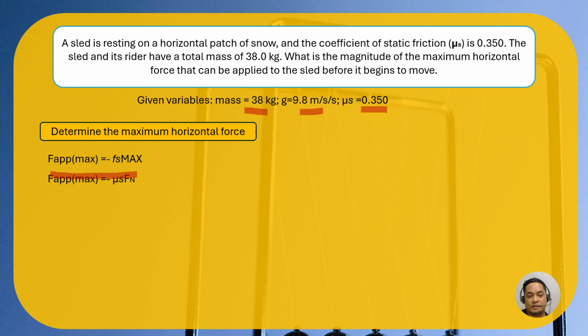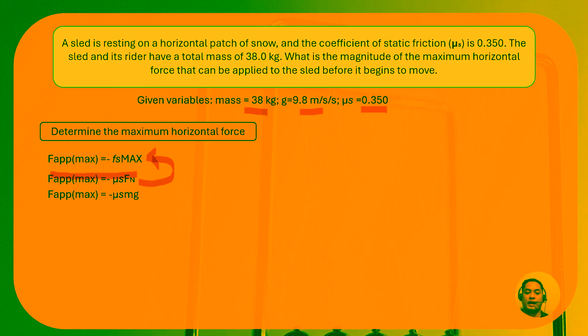Remember, this is the formula of Fs max. It's just the coefficient of static friction times the normal force. Let's substitute our given variables to this equation. We can rewrite Fn as mg. That's still the same. Fn is equal to mg.